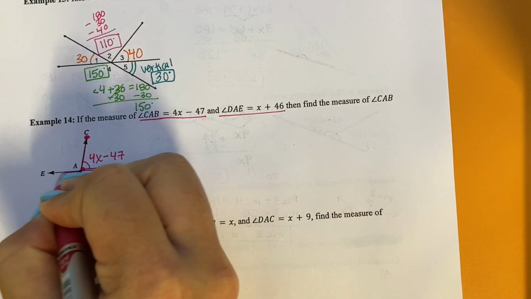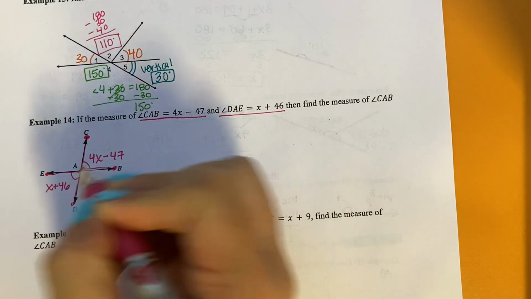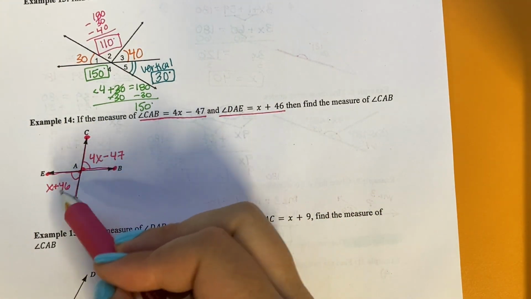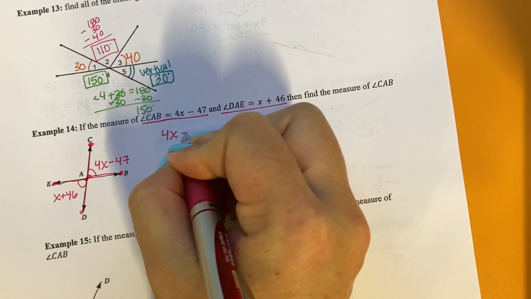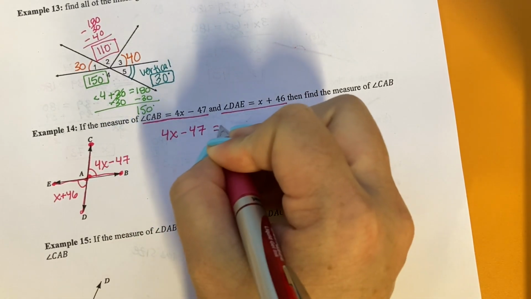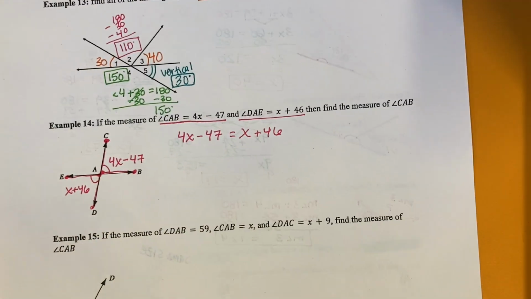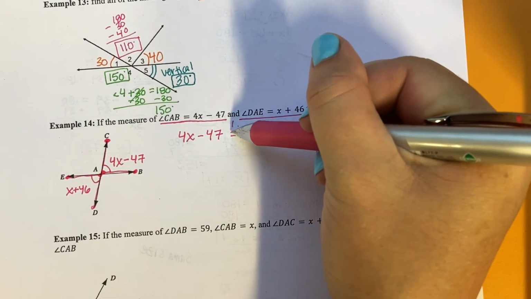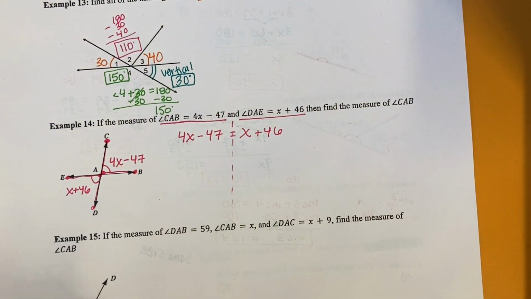DAE. These are vertical angles, so I'm going to set them equal. Now, where the equal sign is, there's like a little wall. And so in order to move any terms across the wall, I have to change their sign. So I have to add or subtract.